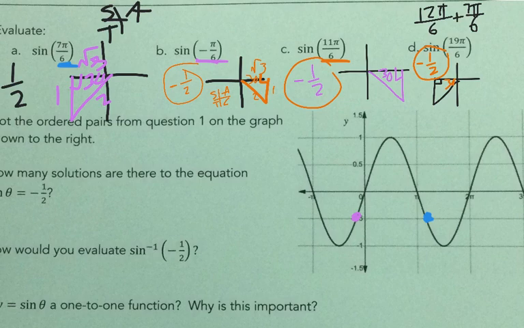So if I go just short of 2 pi and go down, there's that value. And then 19 pi over 6. But we were explained by Marissa, that's a little bit more than 3 pi, right? 18 pi over 6 is 3 pi, or a little bit more than 3 pi, down to negative 1/2.